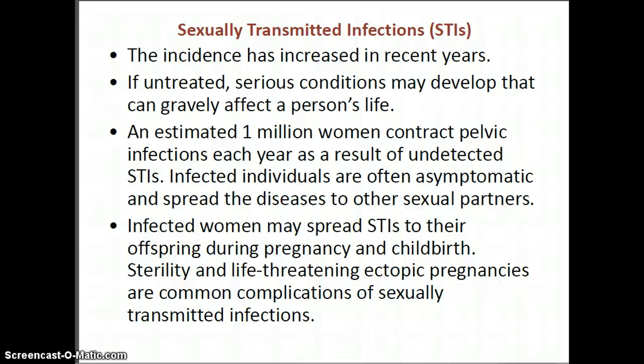And one of the major issues is that infected individuals often do not have symptoms for many, many years and can spread the disease unknowingly to other sexual partners. And the STDs could spread to the offspring during pregnancy or childbirth. Sterility and ectopic pregnancies are common complications of STDs.